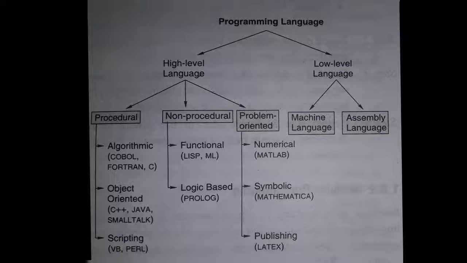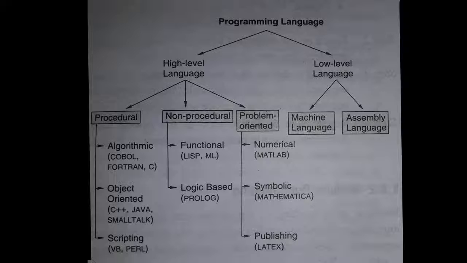The chart shows the classification of programming languages. Programming languages are broadly classified into two levels: high-level languages and low-level languages. A high-level language is a language which is user understandable, or the syntax is similar to human language, our communication language.